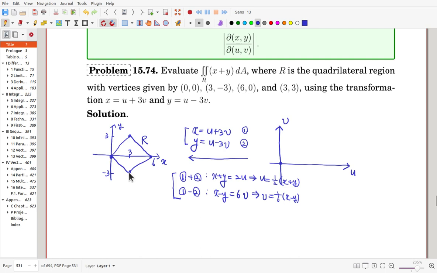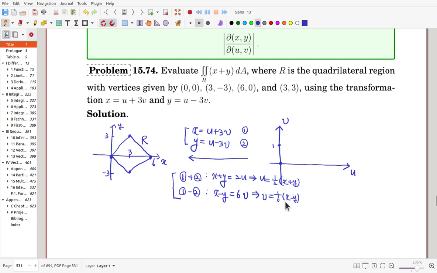Now, for 3 and minus 3, x is 3, y is minus 3. Then u is 0, and v is 6 divided by 6, so that the point is this one. And for that one, x is 6, y is 0.